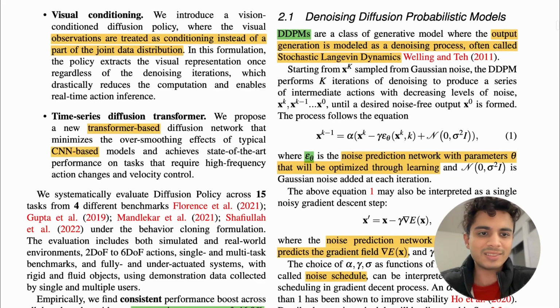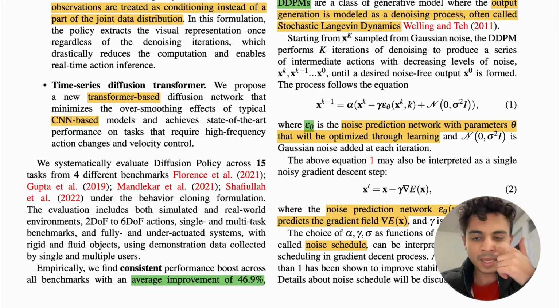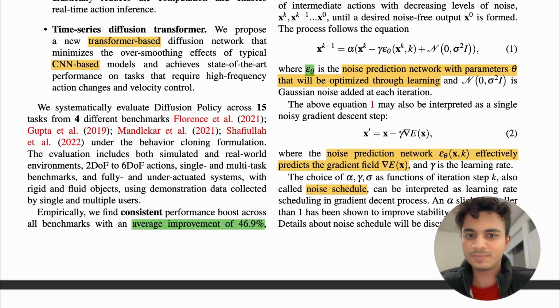So this is what their baseline equation is, not algorithm, but baseline equation. And epsilon theta is the noise prediction network that we'll be looking at throughout this paper. Of course, this paper is all about noise prediction networks, so you will see it quite a lot. Noise prediction network with parameters theta, and basically we know this n is Gaussian noise, right?